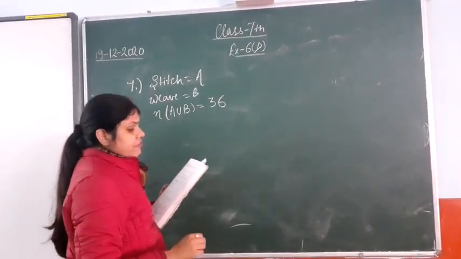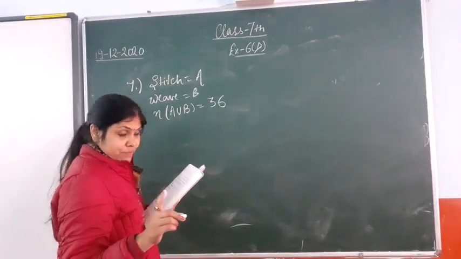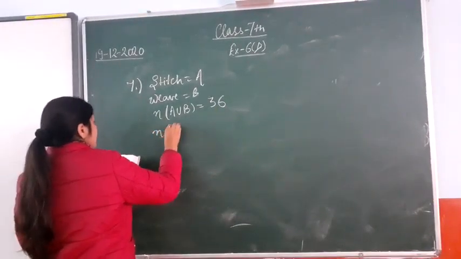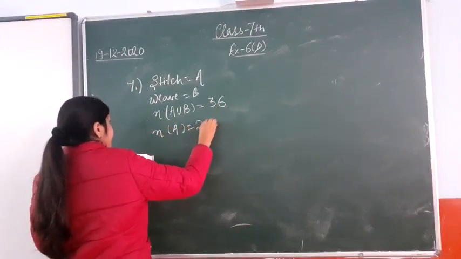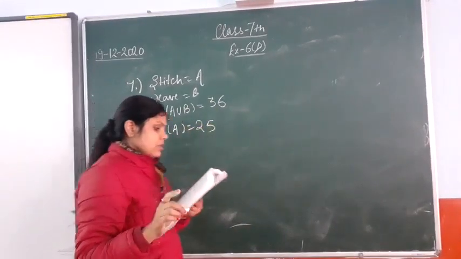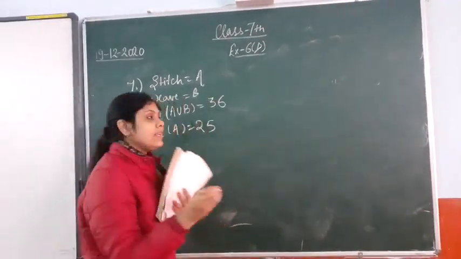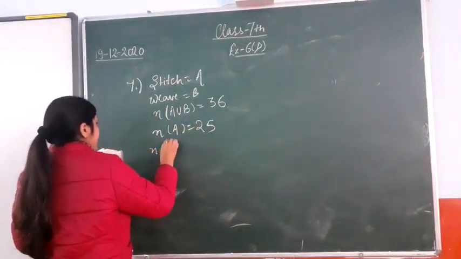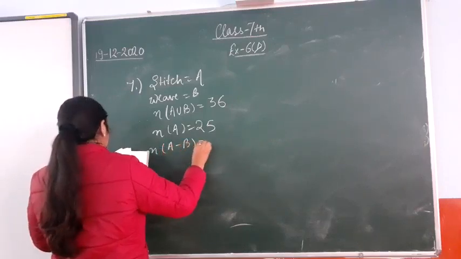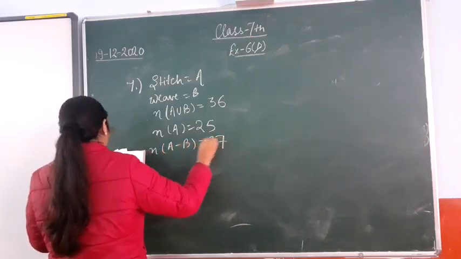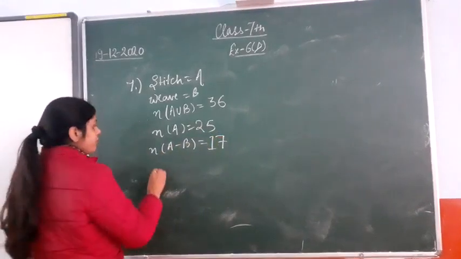If 25 girls can stitch, that means n(A) is given as 25, and 17 can stitch only, that means n(A minus B) is given as 17. How many can weave only?